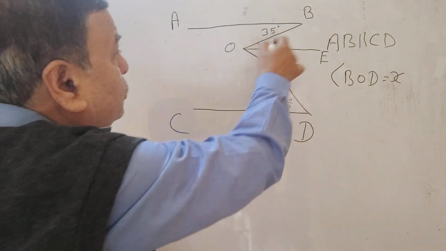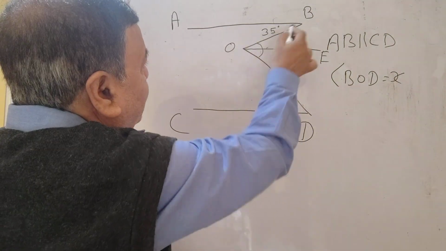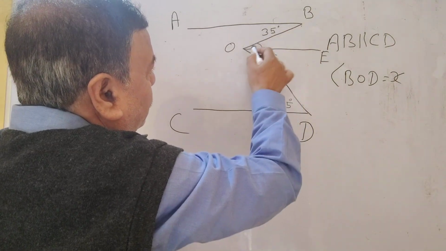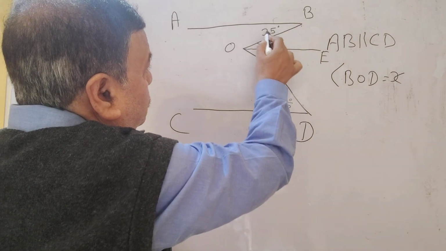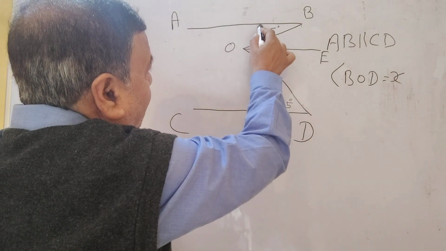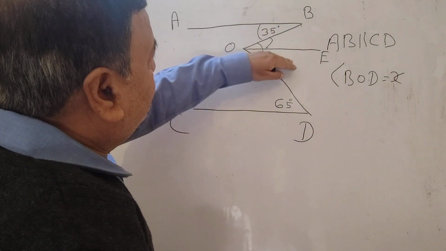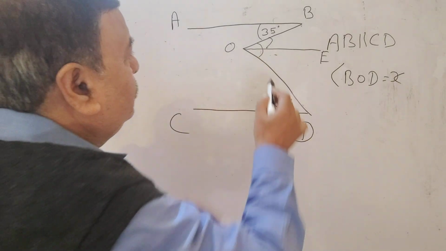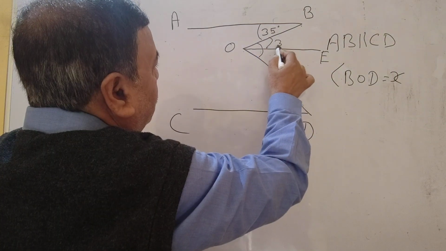So AB, OE are parallel and this is OB, BO or OB, whatever you say. This is a transversal line. So this angle and this angle are alternate angle. So it will be equal. So angle BOE, this will also be 35.